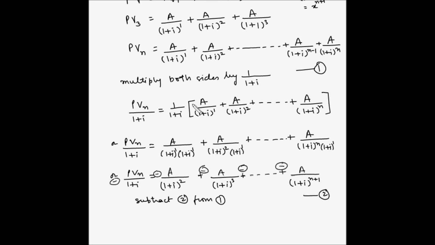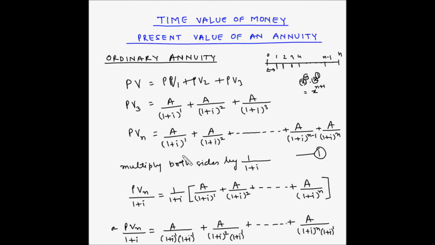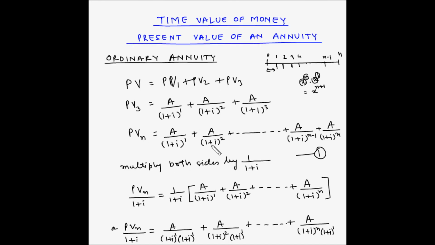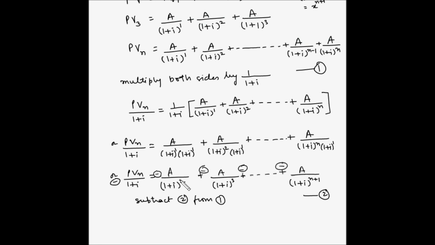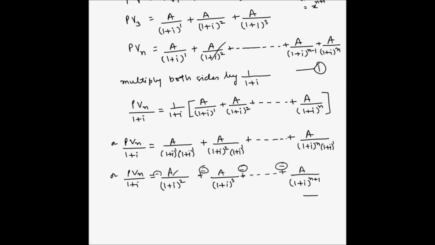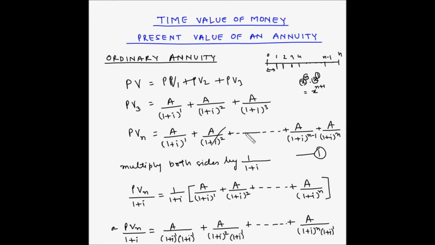Now A divided by 1 plus I to the power 1, that is not present in equation number 2. However, A divided by 1 plus I to the power 2 and the terms after that will be present in equation number 2. So each of these will cancel each other. This will also get cancelled here.